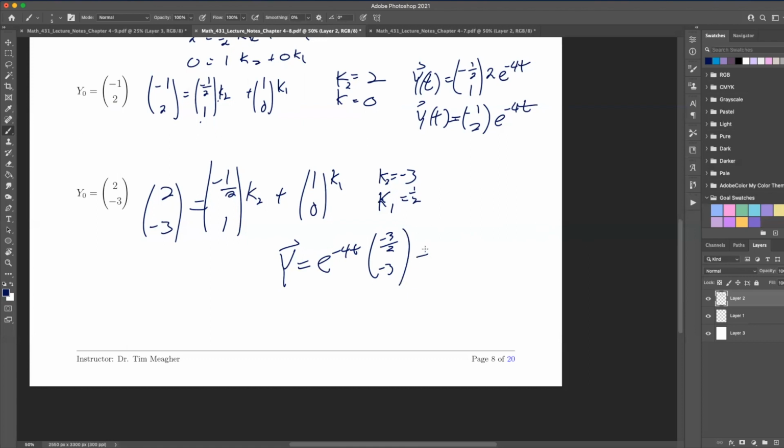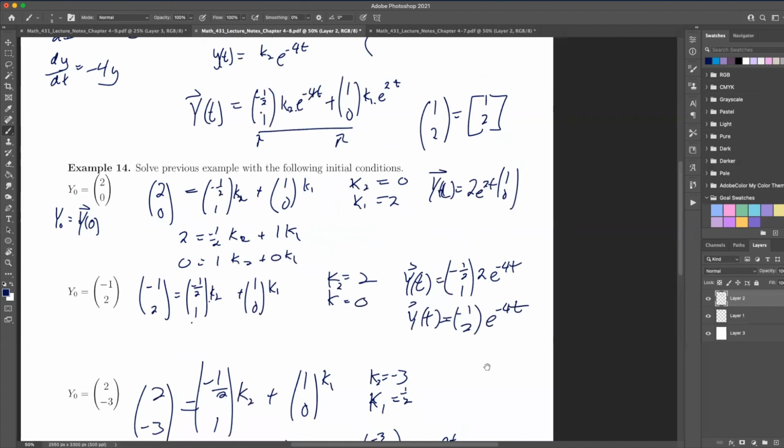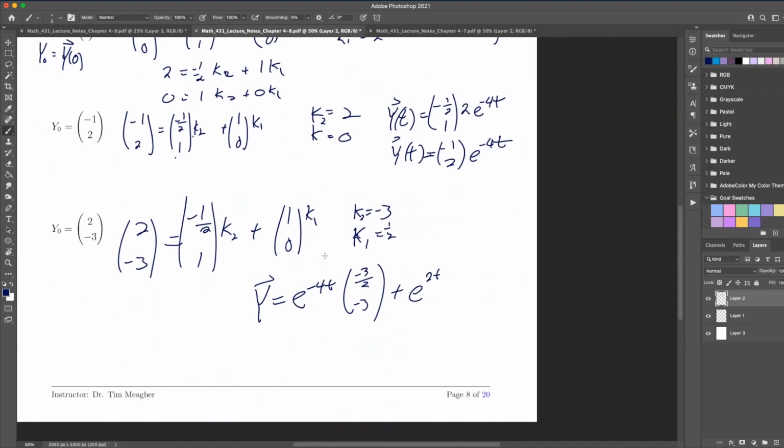And then here I'll have plus e to the 2t, sorry. The 2t, this is a half. You're right, that should be positive. If I plug in the negative, it becomes positive.